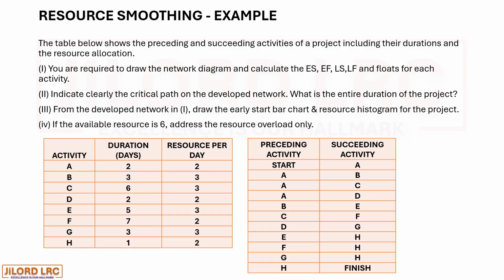With the resources available as 6, we would also smoothen the resources to be within the available 6 resources. So let us proceed and draw the precedence diagram, determine our critical path, and also determine the floats.